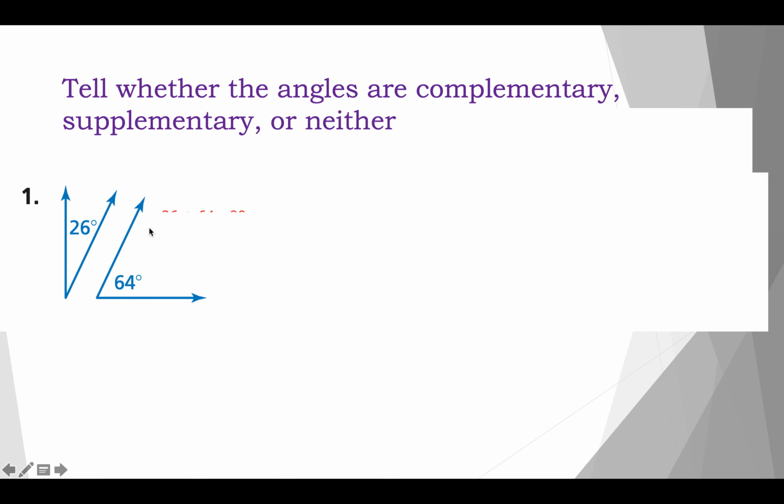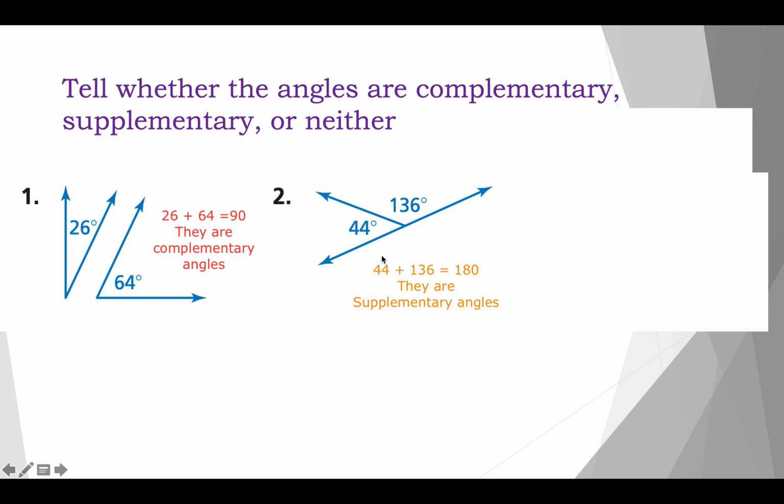So 26 plus 64, which is equal to 90, that means these two angles are complementary. Let's see another one. Again, to check whether the angles are complementary or supplementary, you need to add them. So 136 plus 44, which is equal to 180, which means they are supplementary angles.